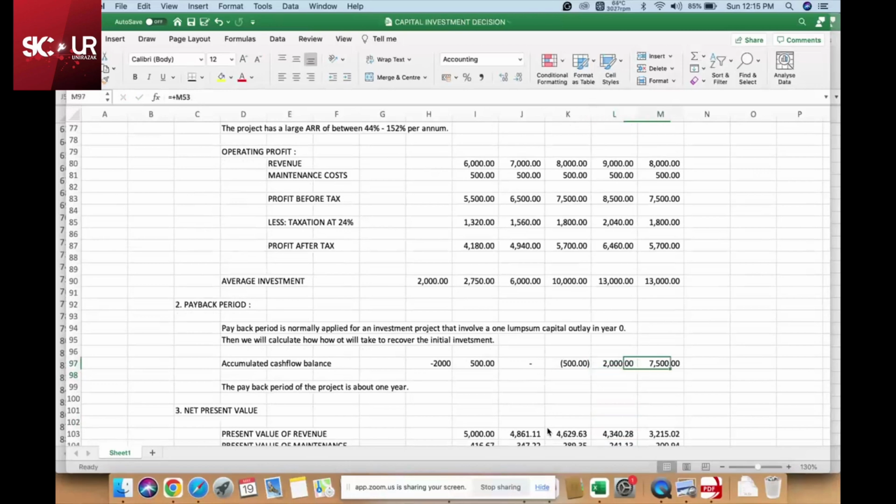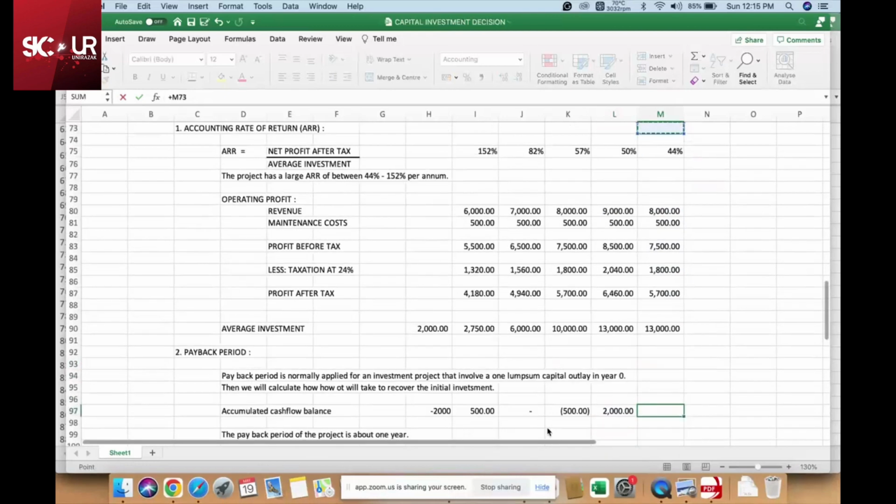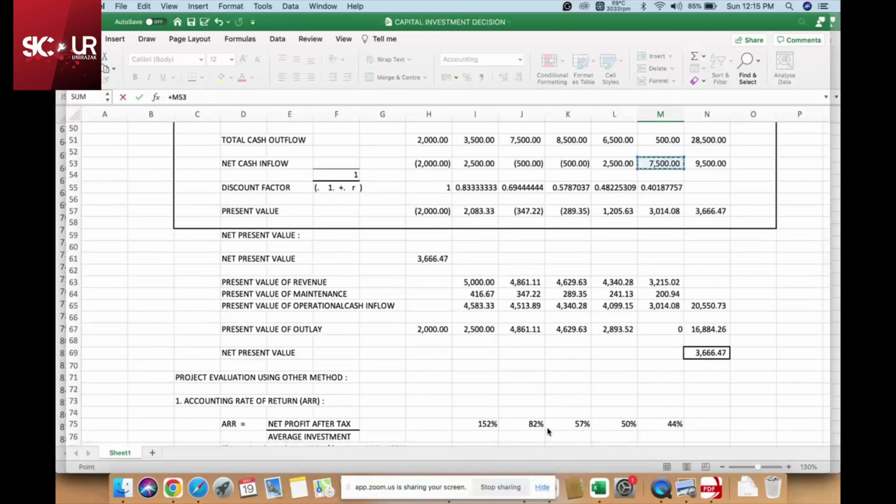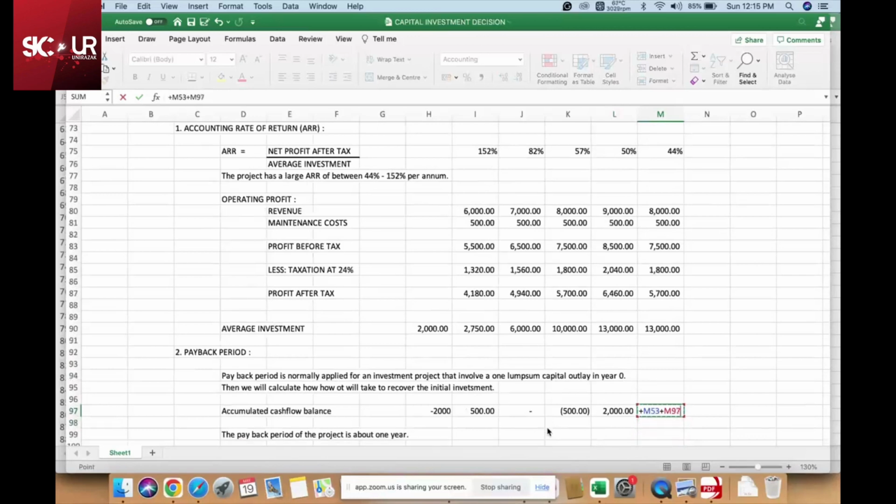So you'll see that the payback period is actually in year one you have a positive cash inflow, which means that the payback period for the first part is year one.